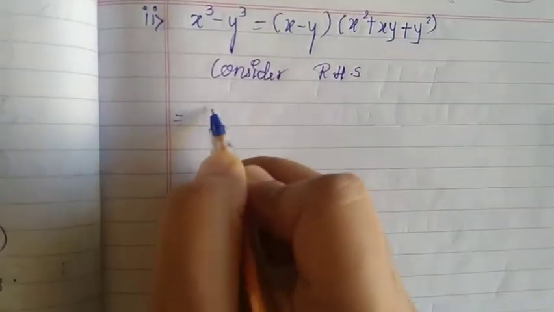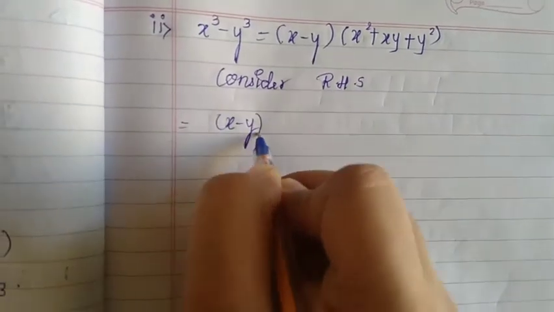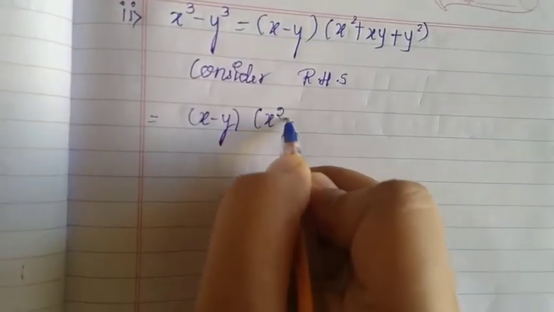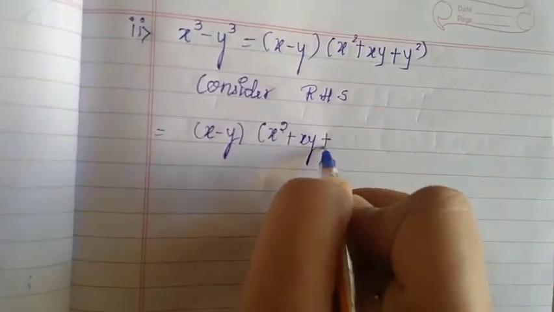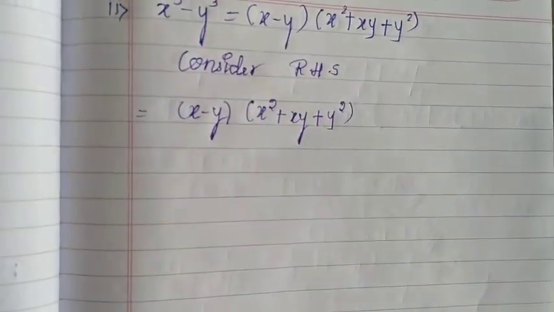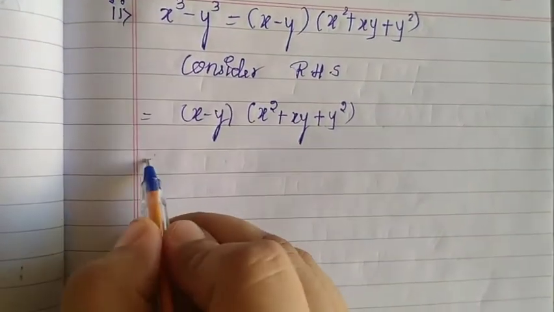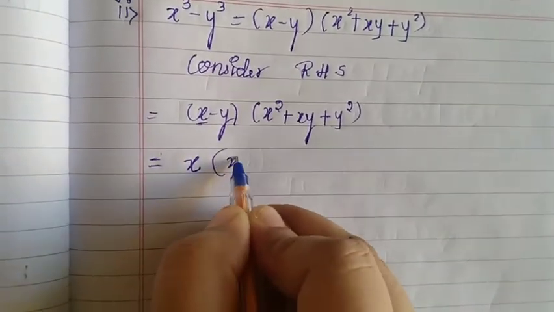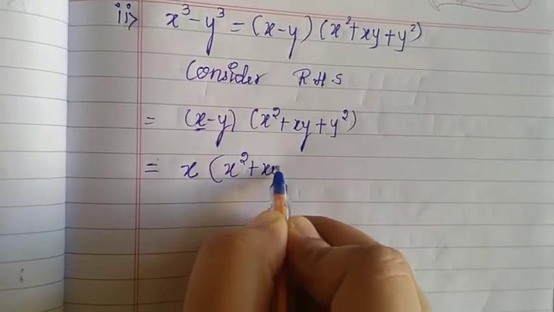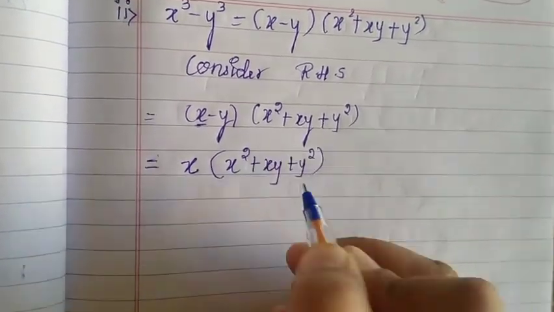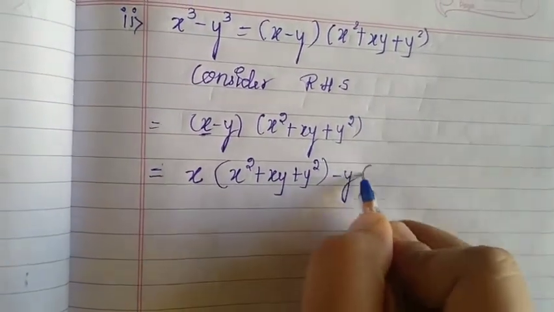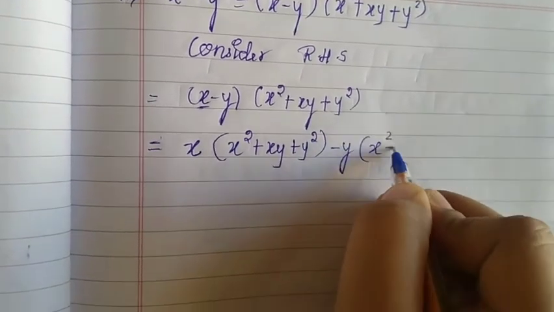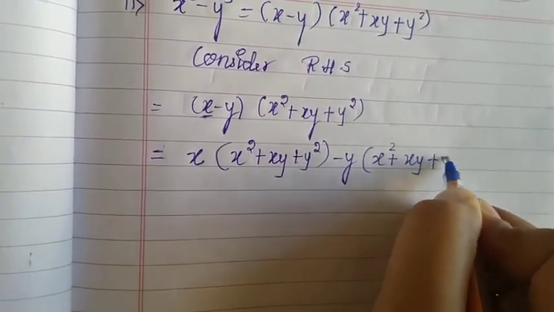So this will be equal to (x minus y) into (x square plus xy plus y square). So here what you can write, this can be written as x, the first term, into the whole bracket, and the second term, that is minus y into the whole bracket, (x square plus xy plus y square).